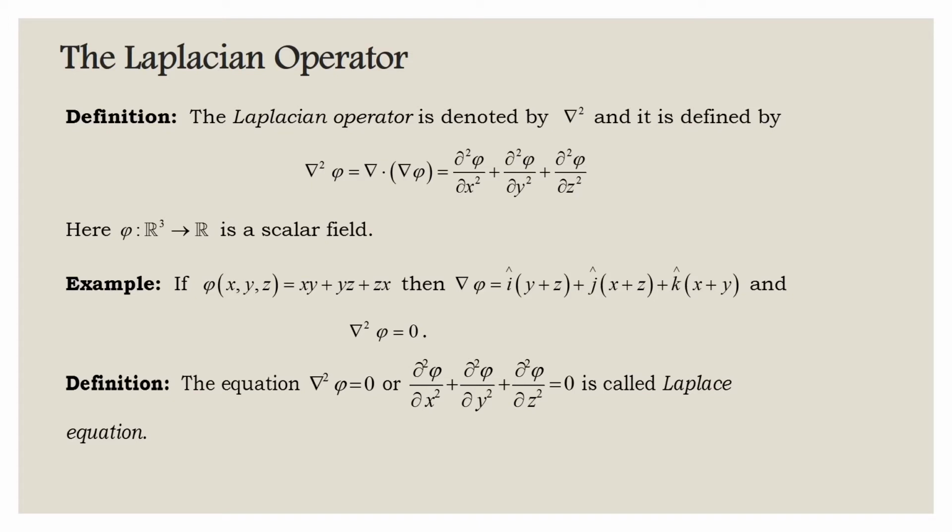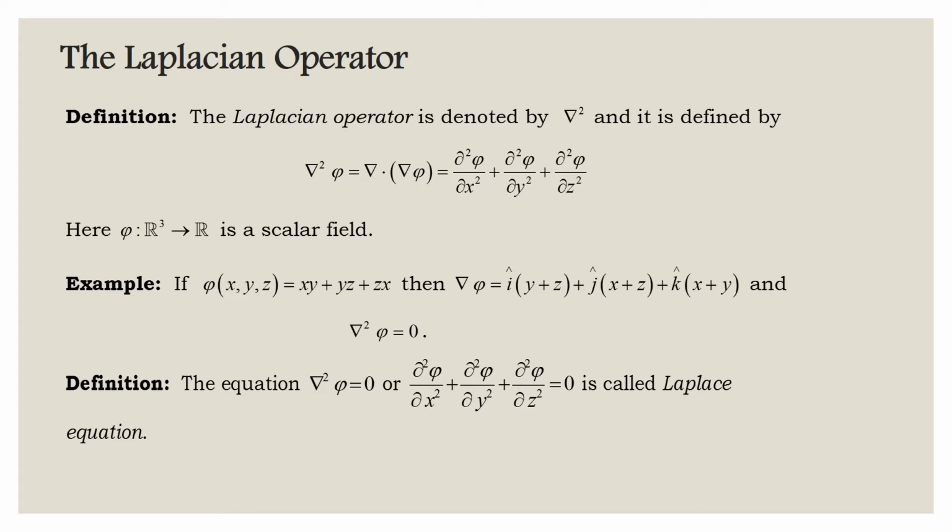Let us take one example. Choose a scalar field phi from R3 to R, which is defined by phi of x comma y comma z equals xy plus yz plus zx. For this function, we can find del phi. What is the gradient of phi?